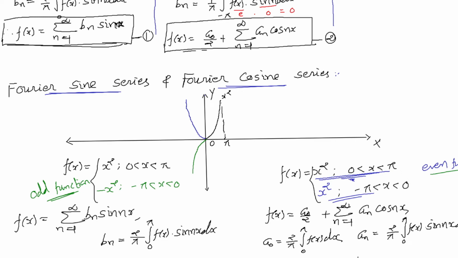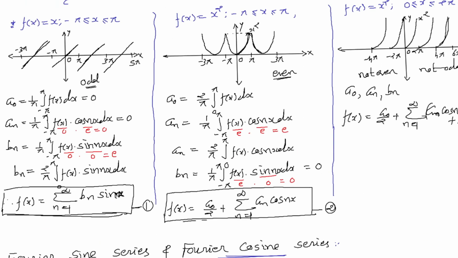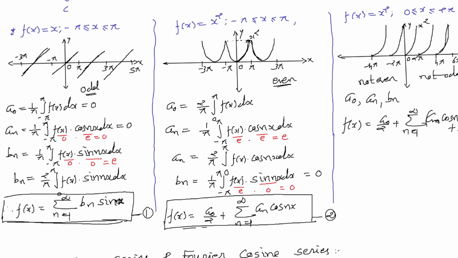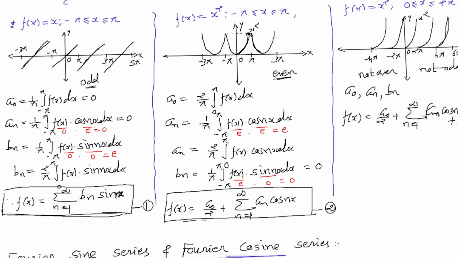This is what you have to learn in Fourier series, right? So all the things we have in the Fourier series. Again I repeat, let us start from the definition. This is the Fourier series, right? Where a0, an and bn I have defined. Then for a particular function, we can say that either function is even or function is odd, or neither even nor odd, right?